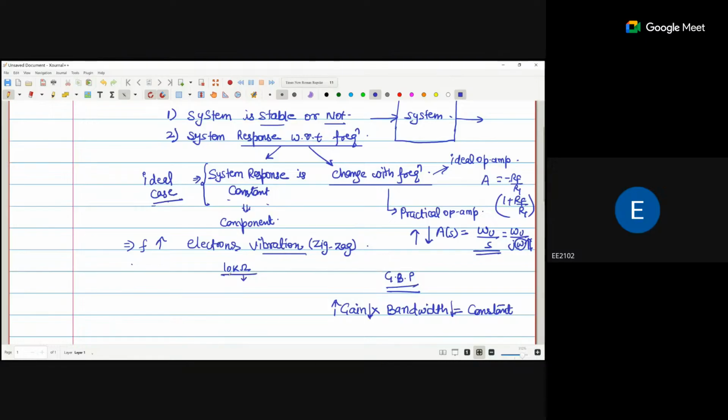If you decrease the gain, bandwidth increases. So their multiplication factor should always be a constant. That's why we have to calculate the system response, and that will be calculated using the frequency response.